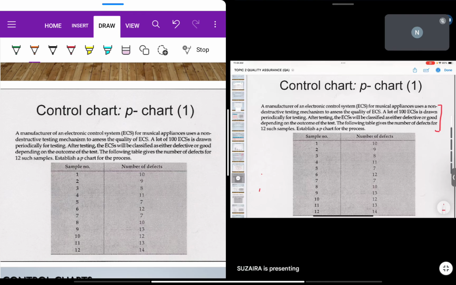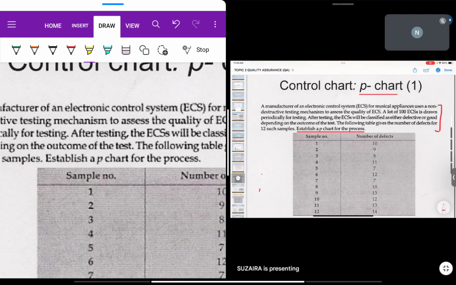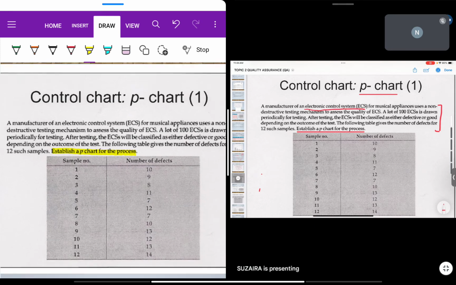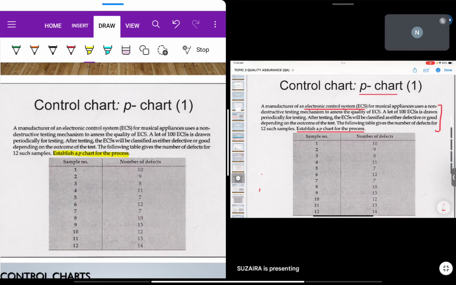This one is the example for the P chart. This question is kind enough because they mention here what kind of chart you need to develop. So, for example, a manufacturer of an electronic control system for musical appliances uses non-destructive testing. So what is non-destructive?